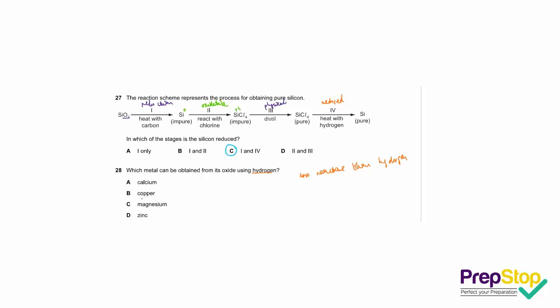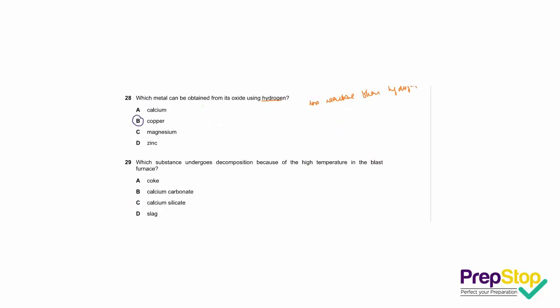Looking at the options we have, we see that only copper is the element which is lower in the reactivity series than hydrogen. All other elements, calcium, magnesium and zinc, are more reactive than hydrogen, so they cannot be obtained. So the correct answer for this is option B, copper.